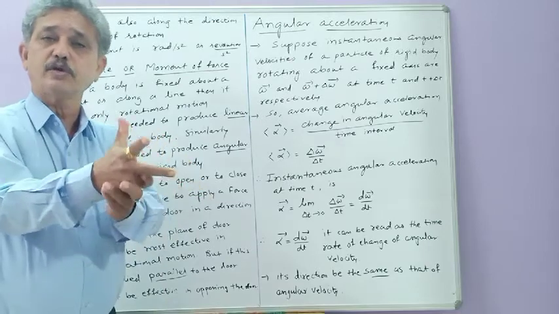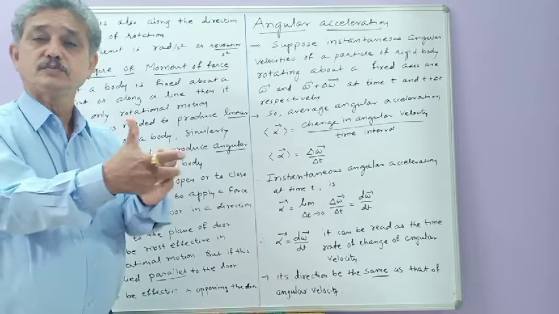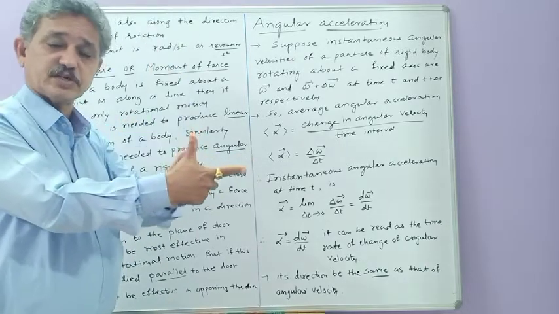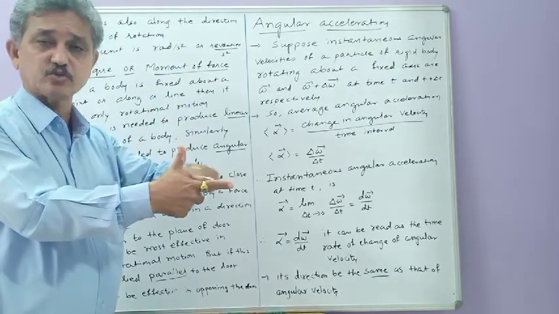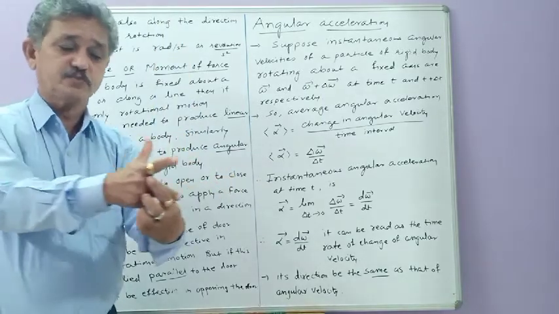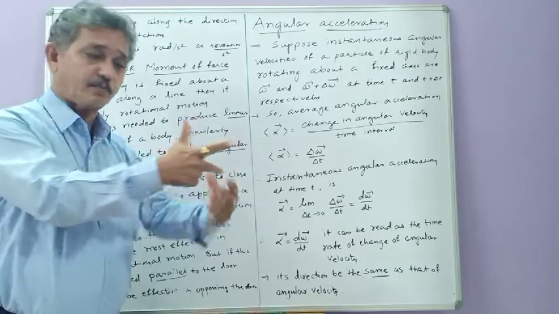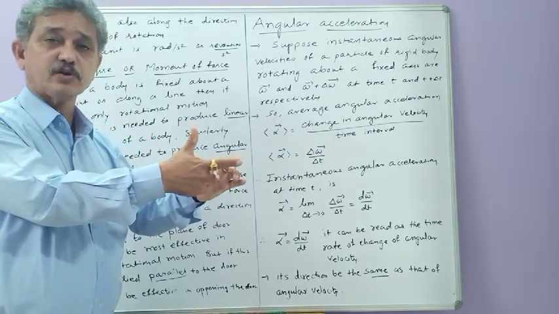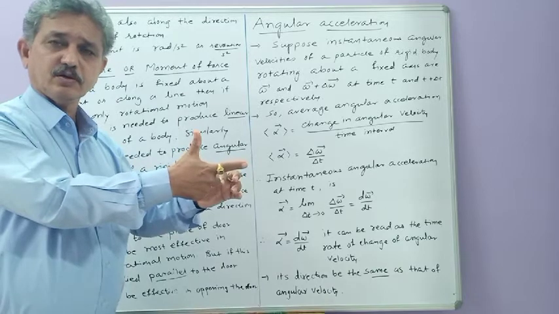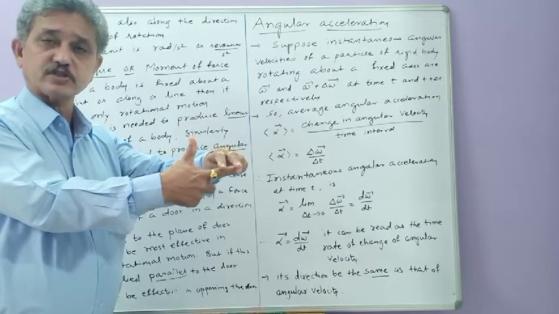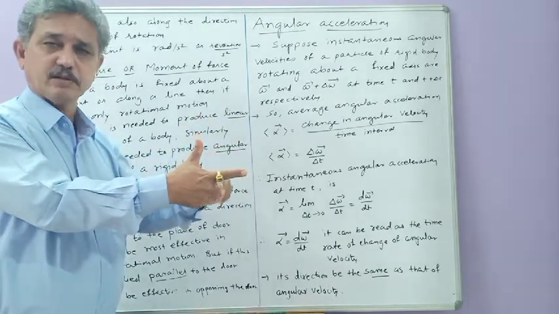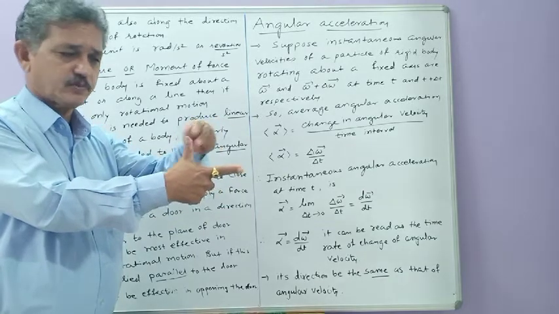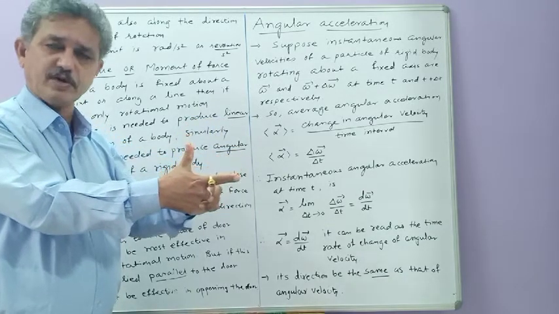You just have to take your three fingers. This finger is along the z axis, this finger is showing vector r, and this finger, which is going inside perpendicular to the plane of the board, is denoting vector v. So first vector cross second vector equals third vector: vector omega cross vector r equals vector v.